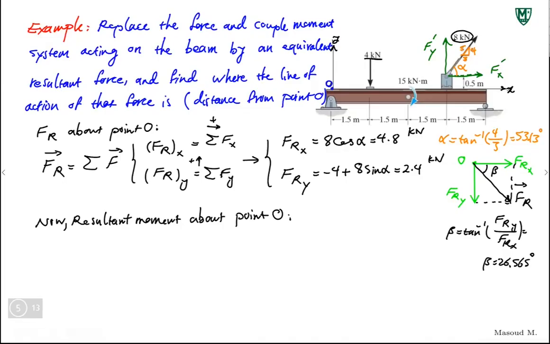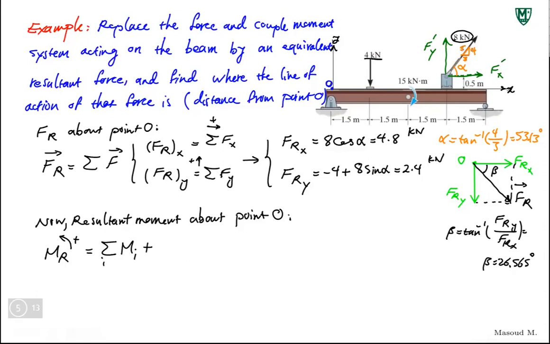I'll put MR, and as always, we know counterclockwise is positive. We'll go back to what the general equation was. We said the resultant moment would be the moments created by moving all the forces to the point we're finding a moment about. In this case, 4 kilonewton and 8 kilonewtons. So I'll put them under the sum of M_i.